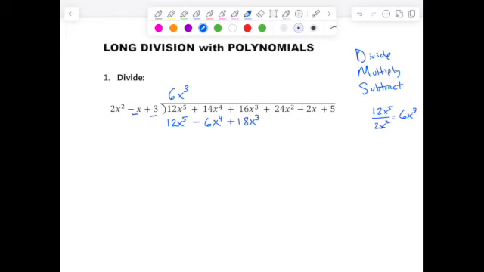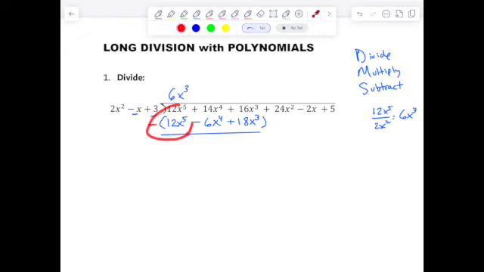And you write those terms right underneath the like terms here, and it all lines up pretty nicely. And now that's the multiply step, and now subtract. So when we subtract, here is one of the things to just be a little careful with. You are subtracting this entire polynomial you just obtained from those like terms above them. So just be careful here.